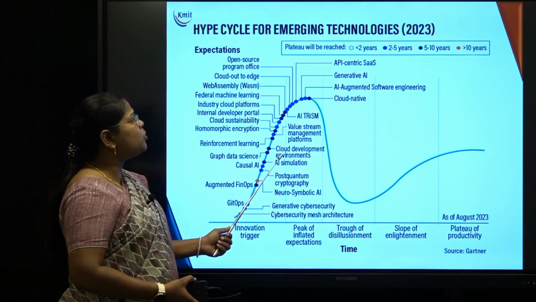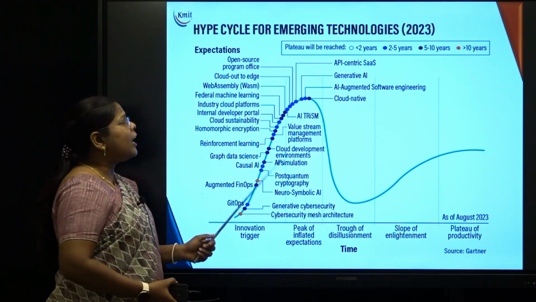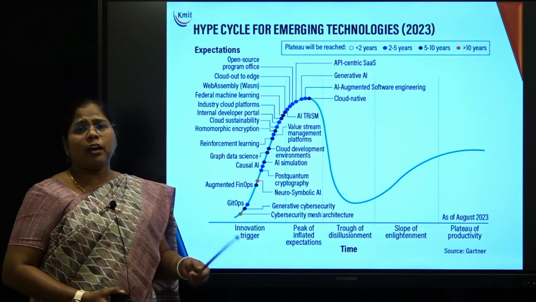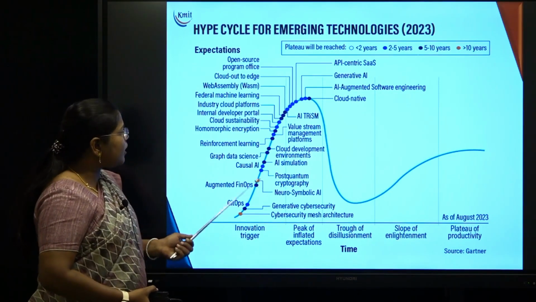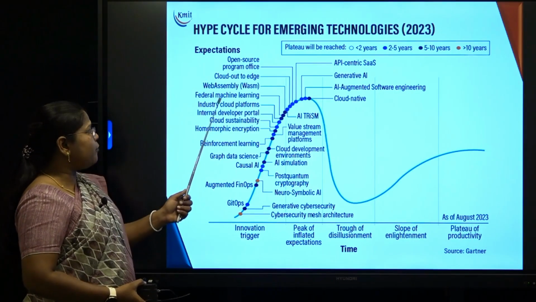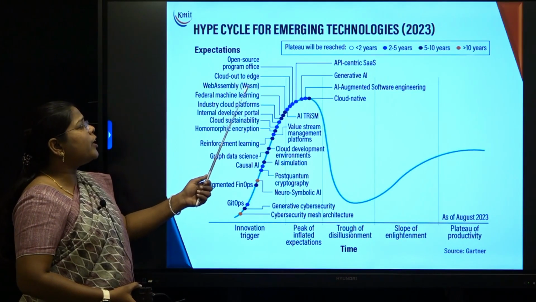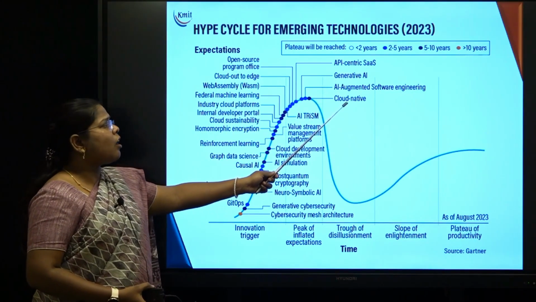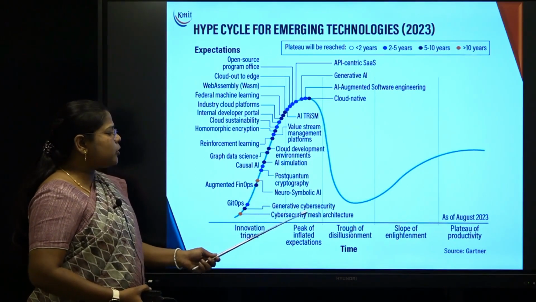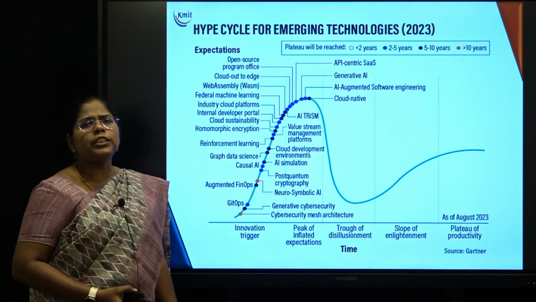And now in 2023, the technology has reached a plateau which will solve many problems. Here we have different types of technologies. We have reinforcement learning, federated machine learning, cloud and edge, generative AI, cloud native, and generative cybersecurity, and different types of platforms are using this AI.